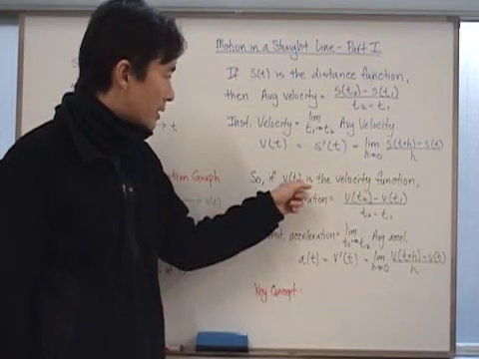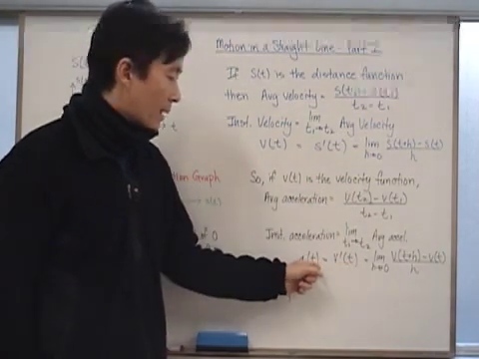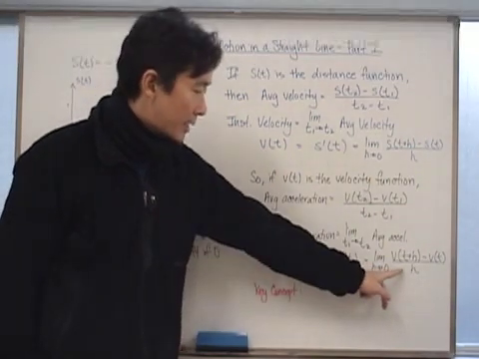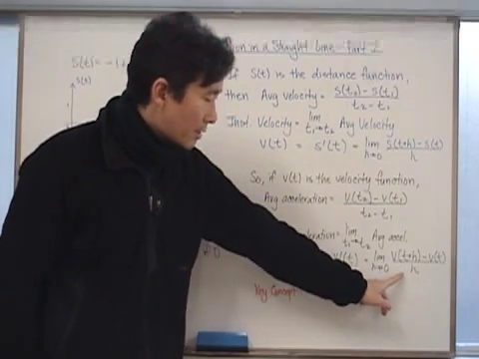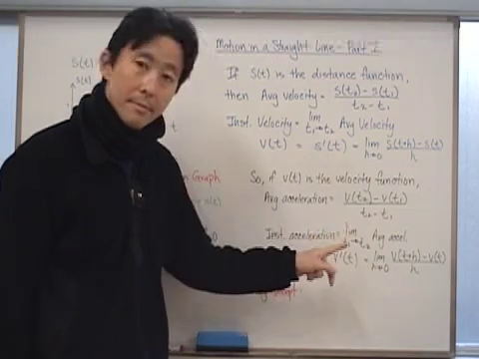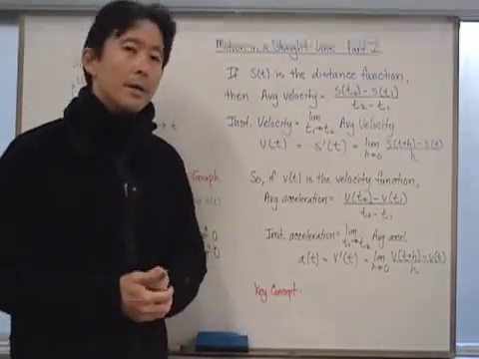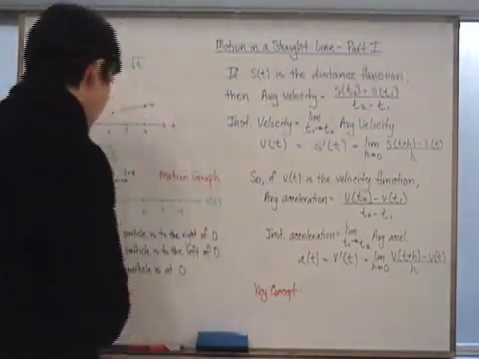So if I have the velocity function and I take the derivative of the velocity function, I come out with the acceleration function. And again, I can take a look at deriving that using first principles, using either this formula here or a combination of this and this. Now again, of course, you don't have to do that necessarily, because we know how to take the derivative using our differentiation rules.